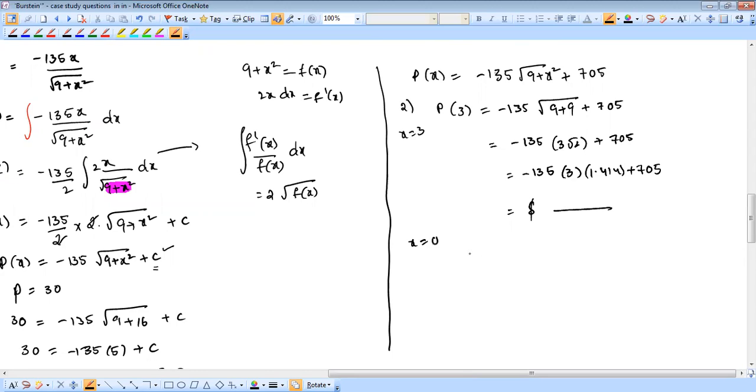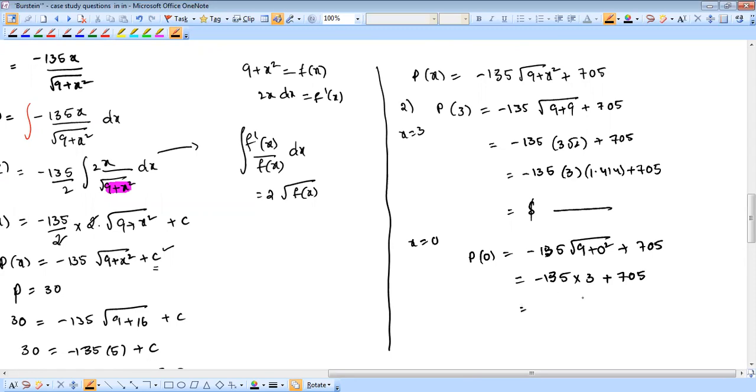Second, no units means x value 0. So P of 0 is minus 135 into root over 9 plus 0 squared, plus 705. Root over 9 will be 3.